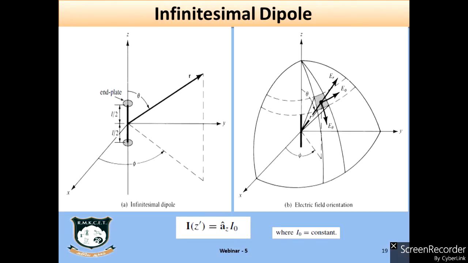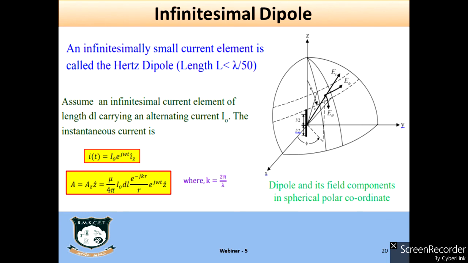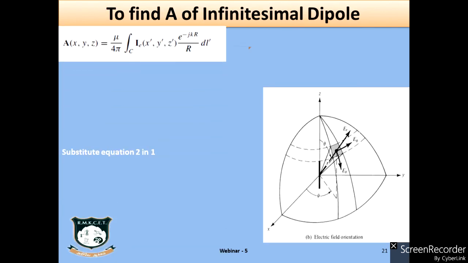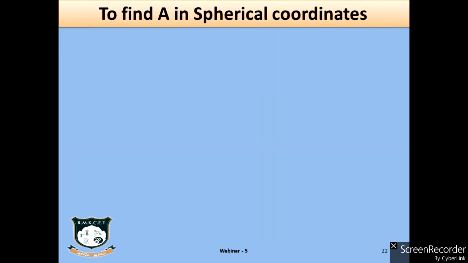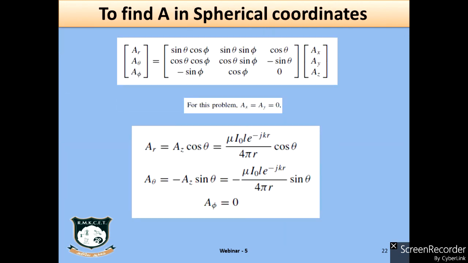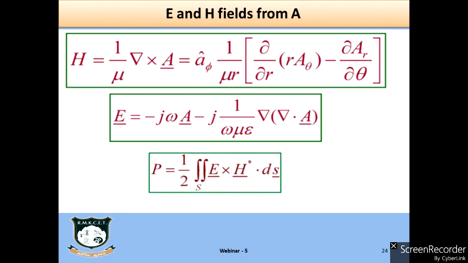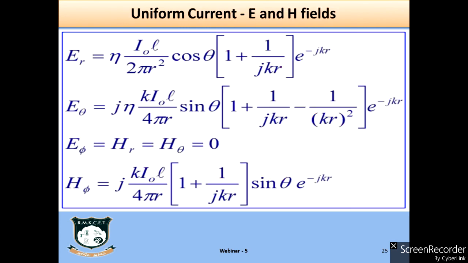Now this will be done for an infinitesimal dipole. These are the equations for the infinitesimal dipole, and then we do some mathematical work to find the electric field intensity and the magnetic field intensity.